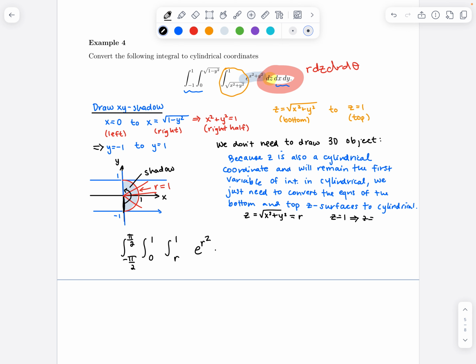So don't forget the r that comes up when I convert dv. I have a different integrating factor in cylindrical because I am integrating a different type of 3D piece. It's not rectangular, it's polar rectangular. And this is the final setup of my converted integral.